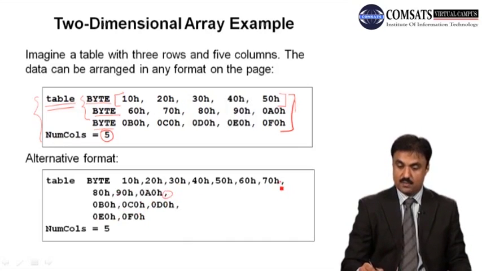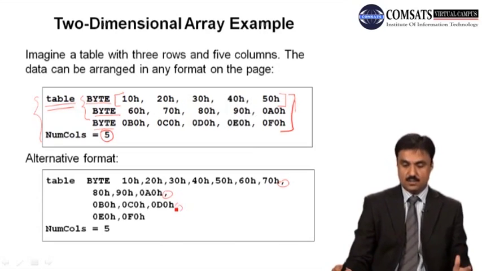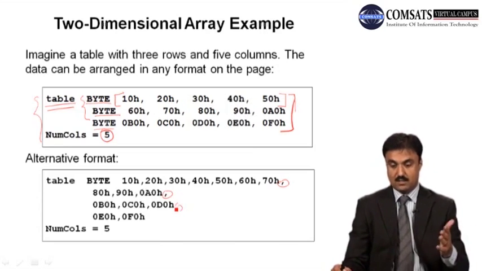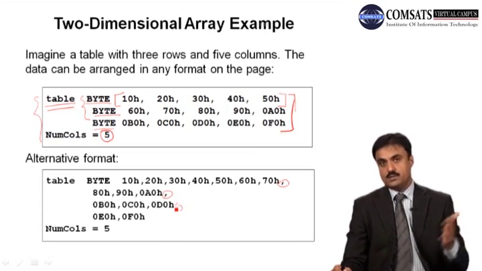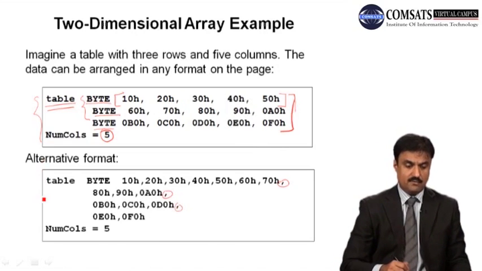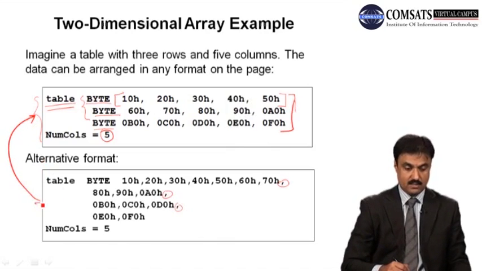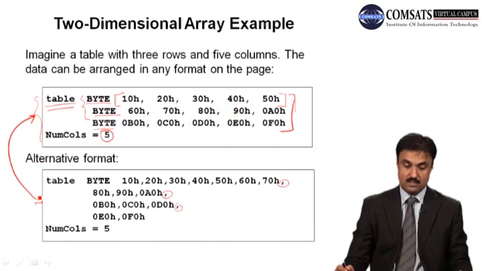And there should be a comma here, which indicates that our line continues to the next line, and so on. So these two definitions are similar. These are the alternative definitions, so you can use any of these.